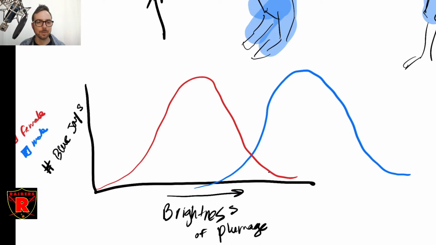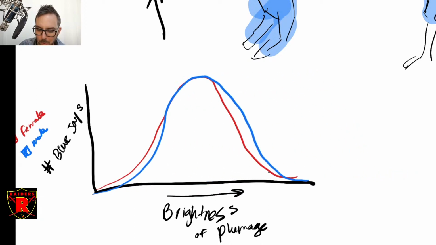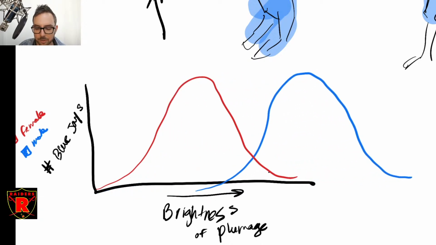They have the same requirements for shelter, for finding prey, and so on. You name it, their requirements for survival are the same for males and females. The only difference is their requirements for finding a mate. And so that is the selective pressure that causes dimorphism, or differences between male and female.